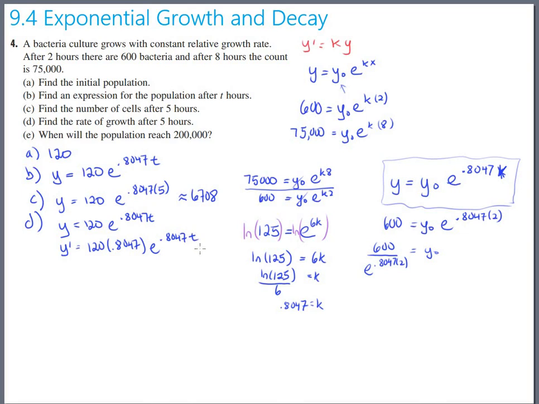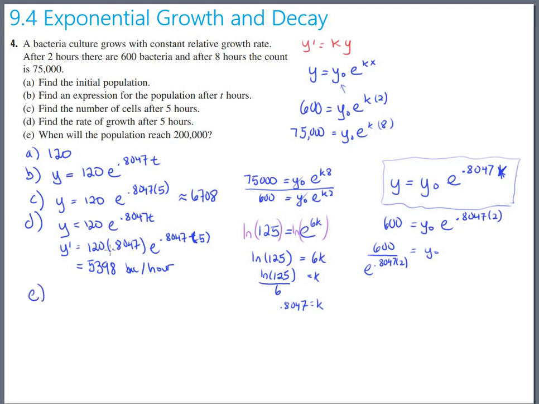So there's the derivative in general. They want the rate of growth after 5 hours, so we would just put a 5 where this t is. I'm just going to squeeze that in right there. And we grab the calculator and crunch that again. And I'll just skip the calculator work this time and say it crunches out to about 5398. And that's bacteria per hour.